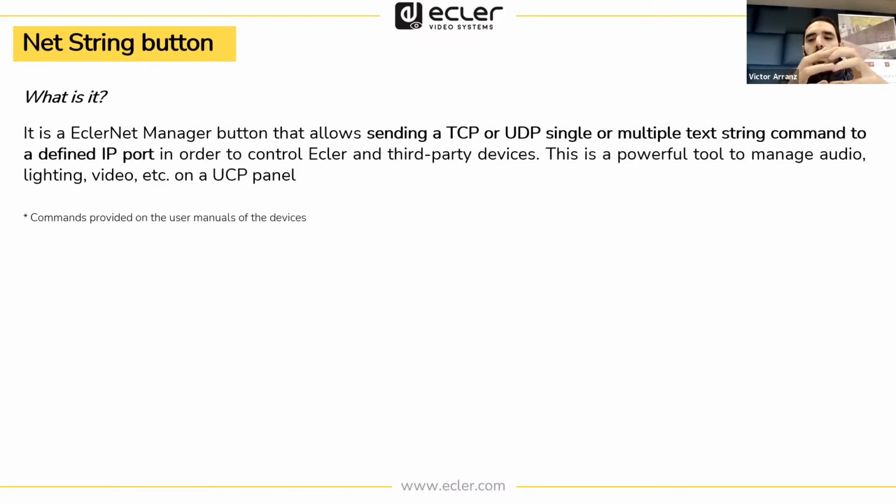A netstring button is like a regular button, but it will allow us to send to a defined IP, the one that the device we are going to be controlling has, a single or multiple command through this button.